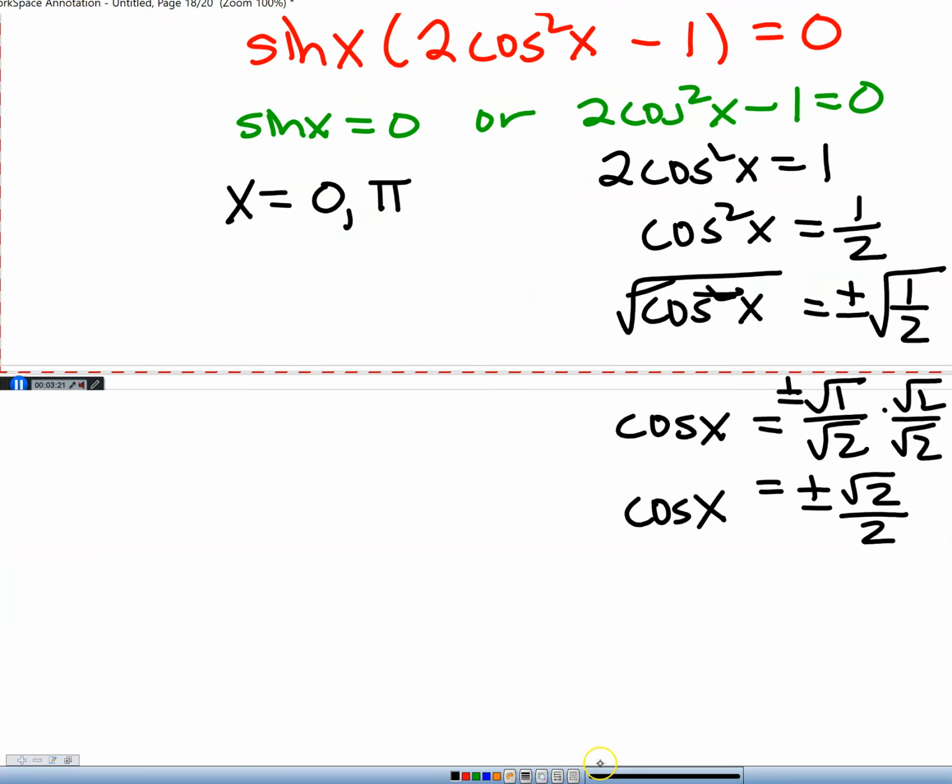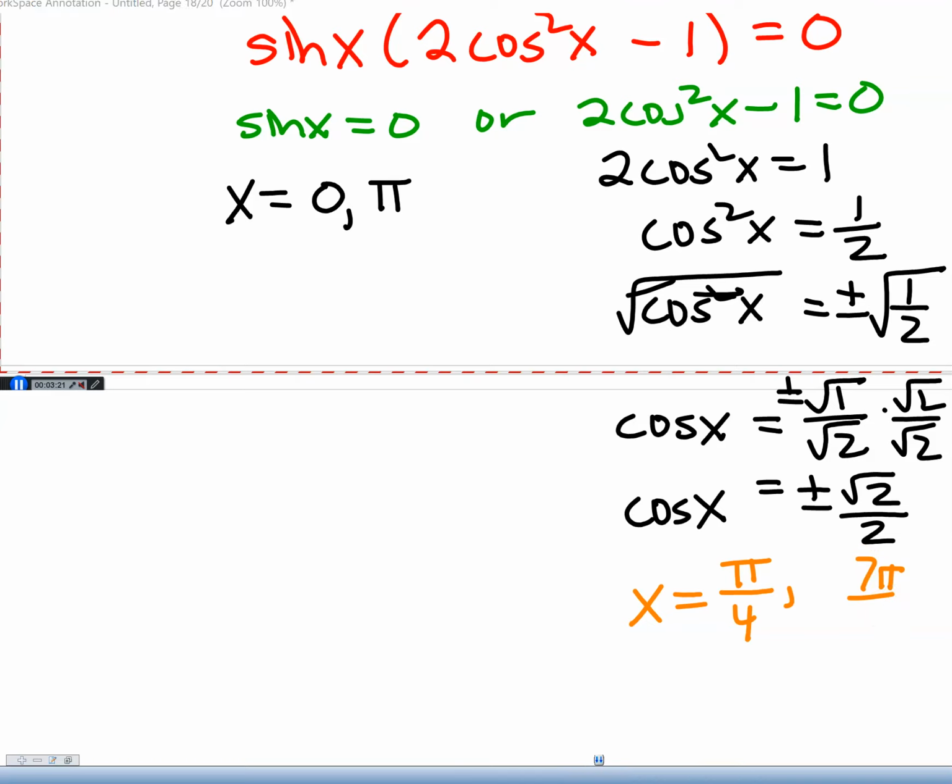And that is helpful because the square root of 1/2 is not what I see in my unit circle, but root 2 over 2, its rationalized form, is. And so this makes it easier for me to figure out what my angles are in my unit circle. So cosine is positive root 2 over 2 in quadrant 1 at pi fourths radians, and in the fourth quadrant at 7 pi fourths radians.